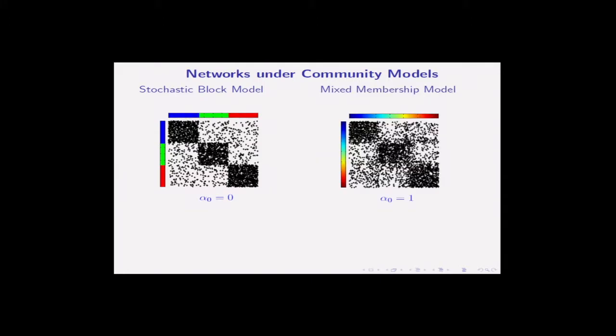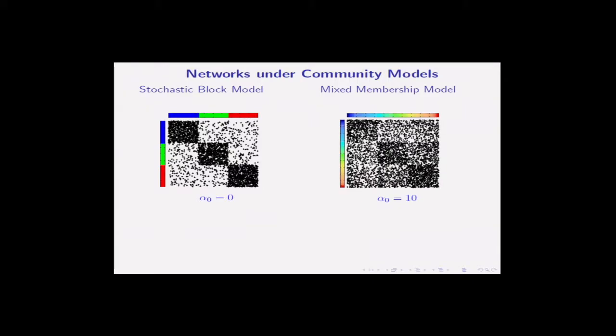But with mixed memberships, the picture is more complicated. Even visually, you can see that these colors now represent nodes being in multiple communities, and it's not so clear how I can learn what the communities are. So the graph looks more complicated. And of course, as I increase the extent of overlap between the communities, that was this concentration parameter of the Dirichlet distribution, I'm even less certain of what the communities are.